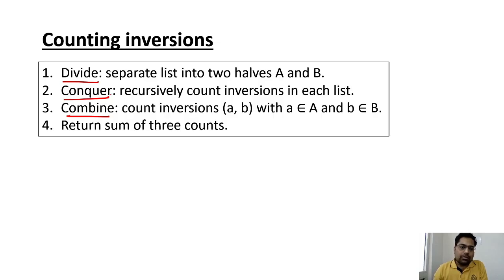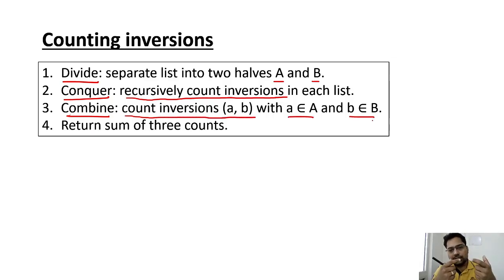Clear? So separate into two halves, A and B. Suppose one array is given to us, we just have to separate it. Next, in conquer, recursively count the inversions in each list. Then we count the inversions between A and B, meaning the two separated sub arrays we got.